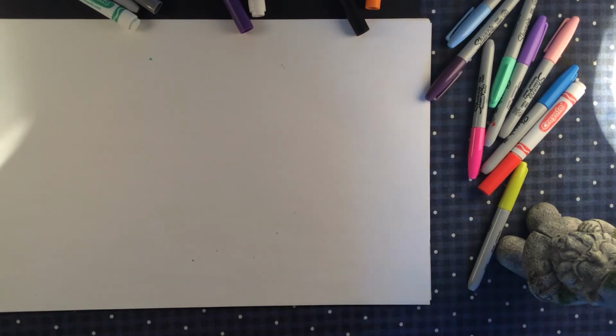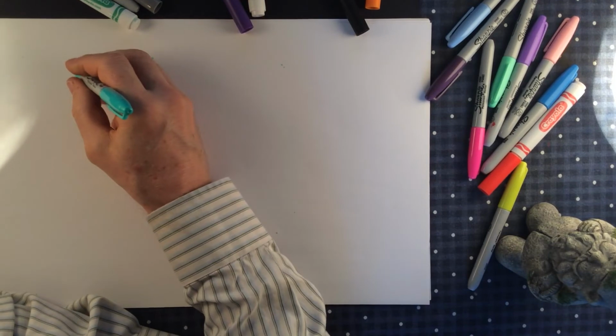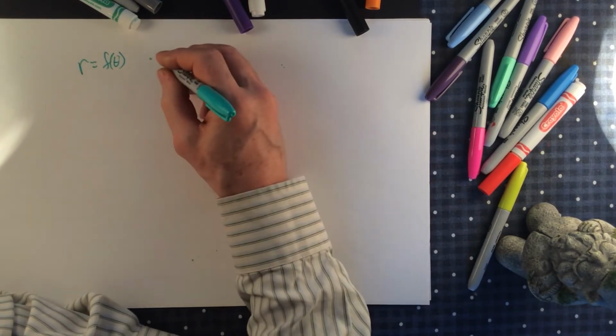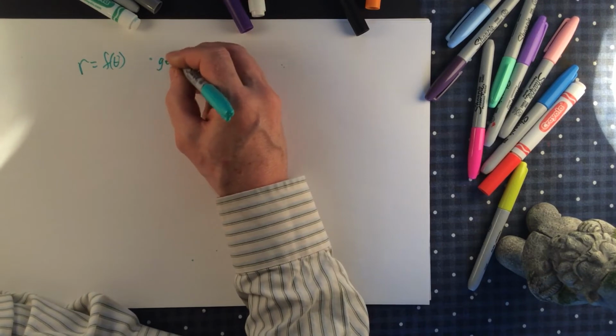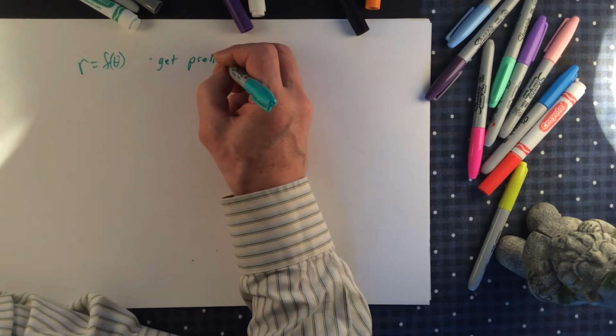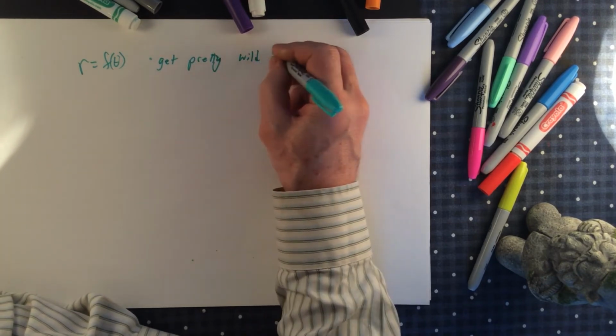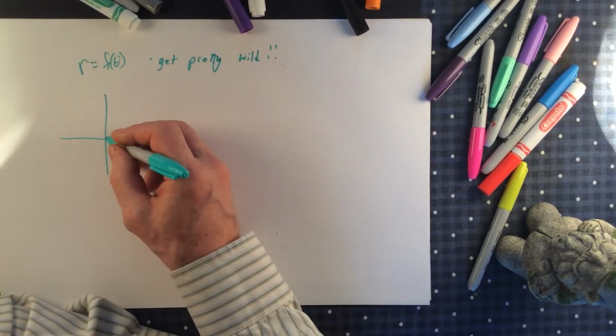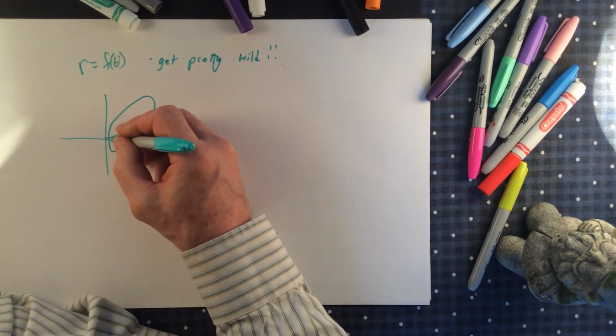So, any good mathematician can make the problem harder, right? So, how can we make this harder? Well, some of these polar forms, r equals f of theta, get pretty wild. And when we talk about wild, they can do things like this.